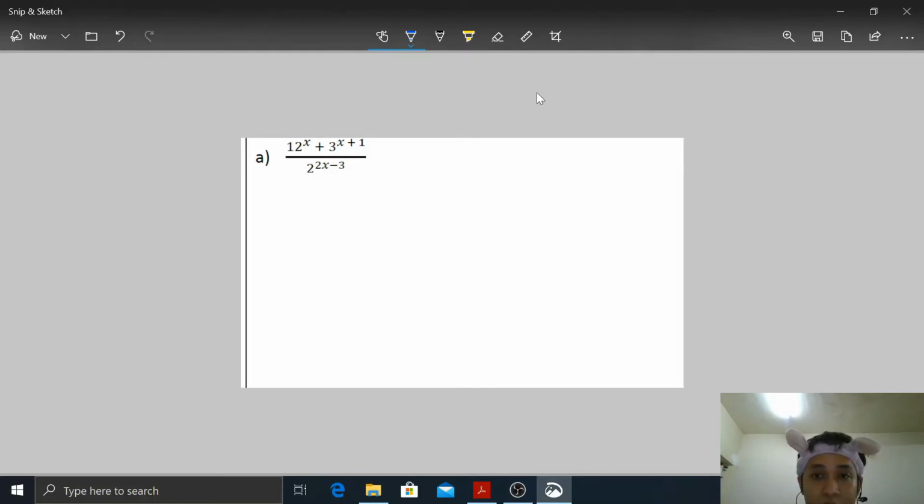I'm sure you did this before during your form 3. 12 divided by 2, then this one will become 6. And then 2, 3. And then this one 3, 1. So meaning when I factorize 12, what I will get is 2 squared multiply 3x.